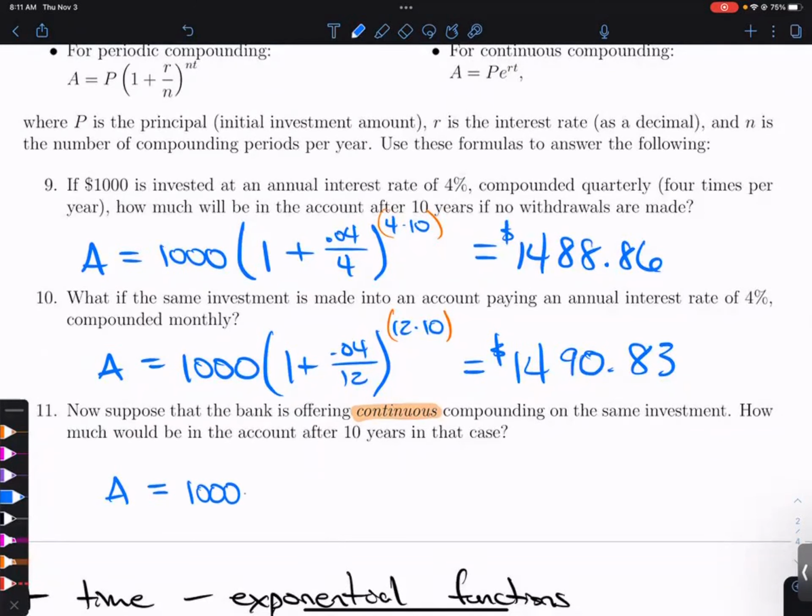The continuous interest formula is P times e to the rt, so e is e. Interest rate is still 0.04. Time is 10. Again, this would be another place where you want to make sure that the multiplication happens before the exponent does, right? So 1,000 times e to the 0.04 times 10. And what do you get?